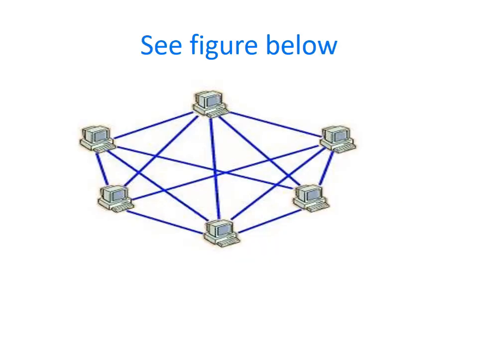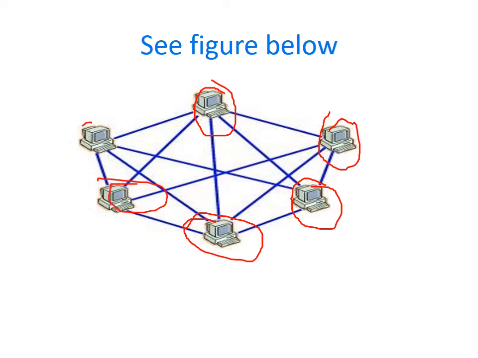So this is the type of setup. You can see it in a diagram. This is one node, another node, another node, another node, another node. So this one can be library, administration, principal office, procurement office, finance office.